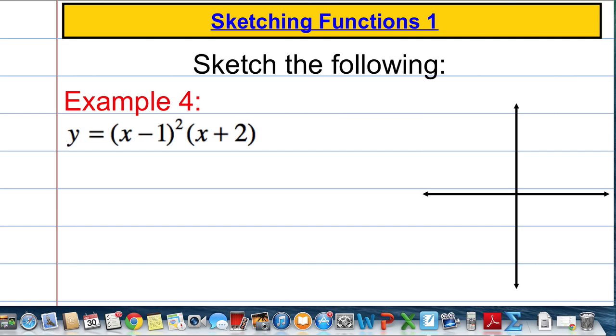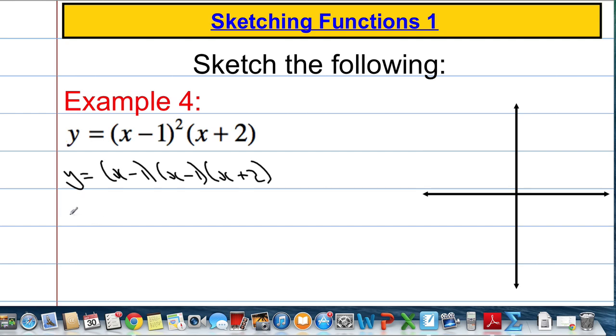And let's make life a little bit easier for yourself. y equals (x subtract 1) squared times (x plus 2). Well, that's just the same as y equals (x subtract 1) times (x subtract 1) times (x plus 2).